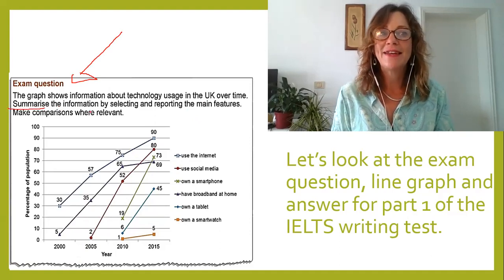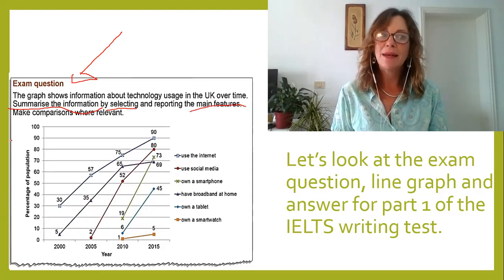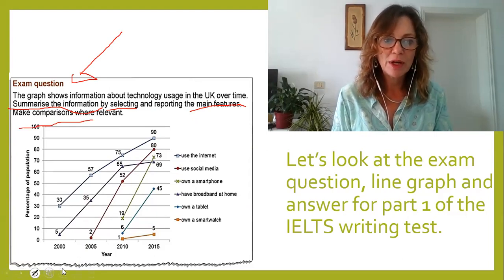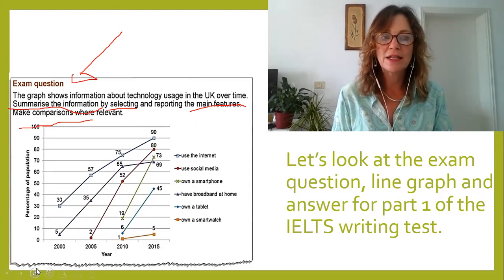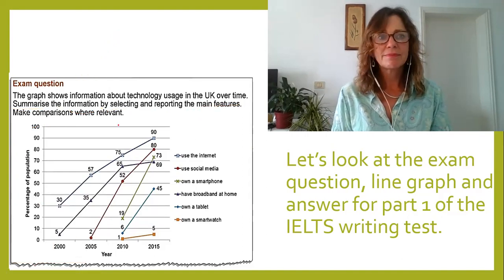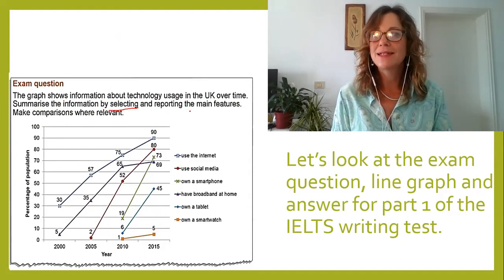Summarize the information by selecting and reporting on the main features, important, and make comparisons where relevant. So this is a very typical sort of writing task 1. So how do we do that? How are we going to summarize the information and selecting and reporting just the main features?